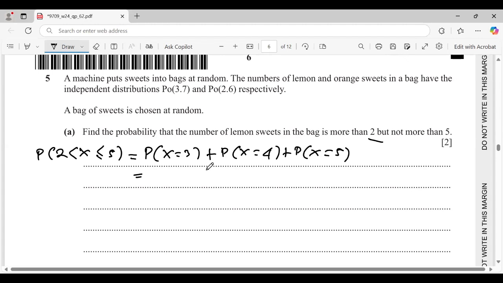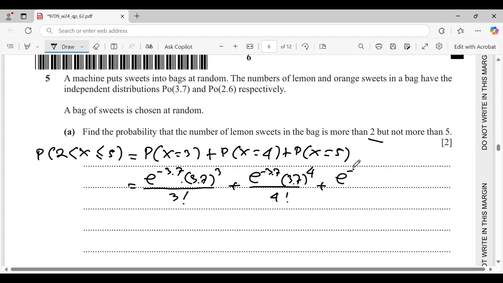Based on the Poisson probability mass function, the probability X equal 3 is e power minus 3.7 times 3.7 power 3 divided by 3 factorial, plus e power minus 3.7 times 3.7 power 4 over 4 factorial, plus e power minus 3.7 times 3.7 power 5 over 5 factorial.